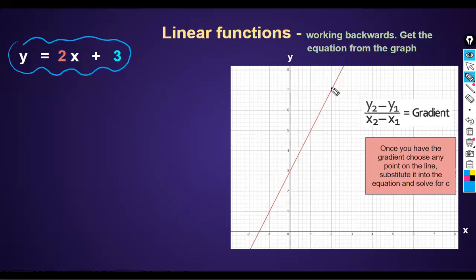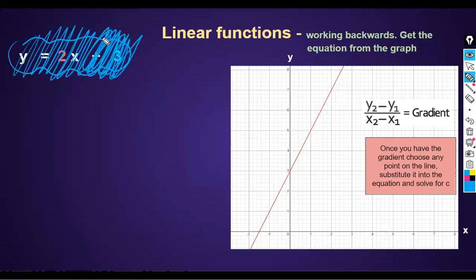Let's say something happens now. Let's say for some strange reason, this gets erased and you cannot remember the equation of the straight line, but the examiner has given you the graph. How can you get back the original equation?